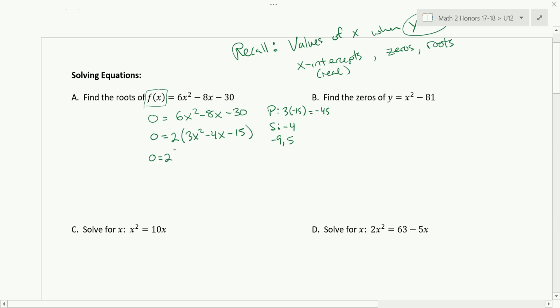So then 0 is going to equal 2. Leave that 2 there. And I'm going to now expand this to 4 terms. So 3x squared minus 9x plus 5x minus 15. And once you have the 4 terms, you factor by grouping. So out of the first 2 terms in there, I'm going to factor out a 3x.